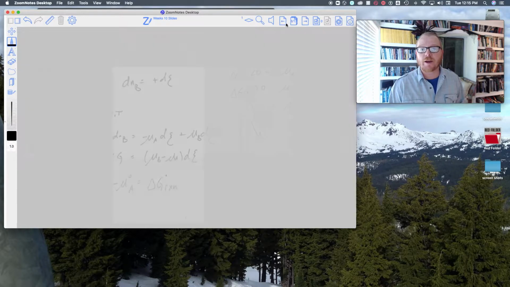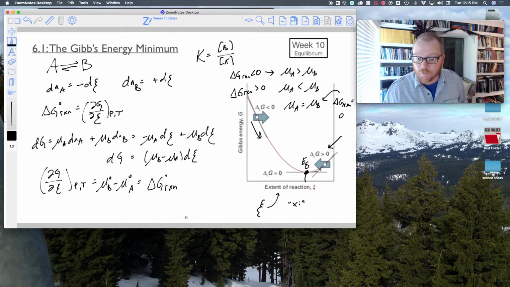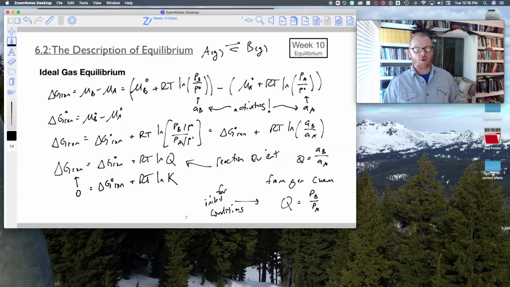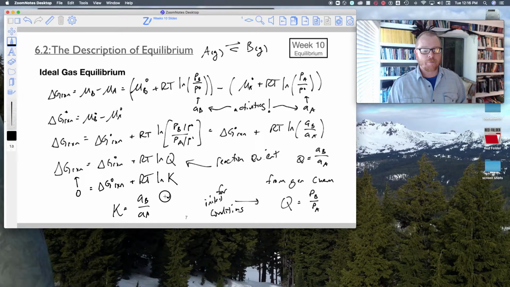So what happens at equilibrium? Well, at equilibrium, delta G is 0. And notice here it's not standard delta G, it's just the delta G. So that means when I make this 0, all of this equals delta free energy of reaction plus RT natural log of K. K is still a ratio of activities, but now those are the ratio of activities at equilibrium.